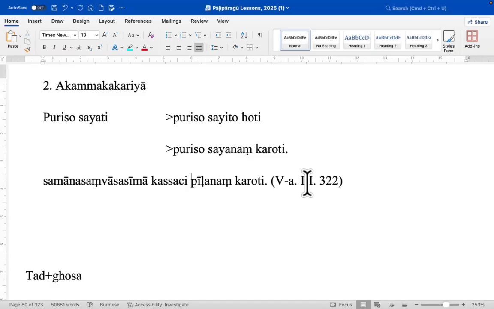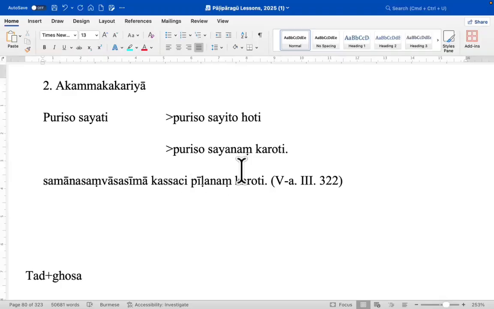What do you think? So the oppression of someone, this consecration hall makes the oppression of someone, or this consecration hall makes the oppression to someone, or not. If to, it would be like a dative. If of, it is genitive.